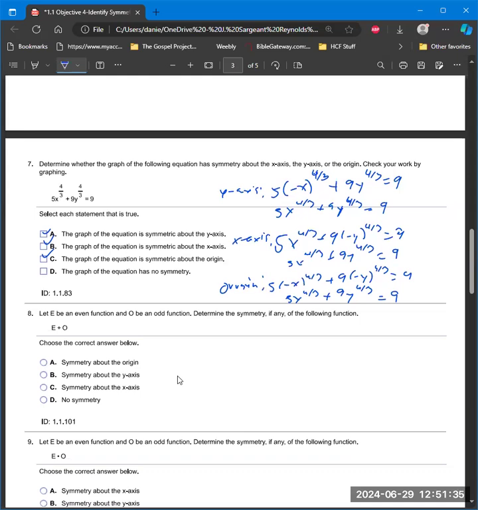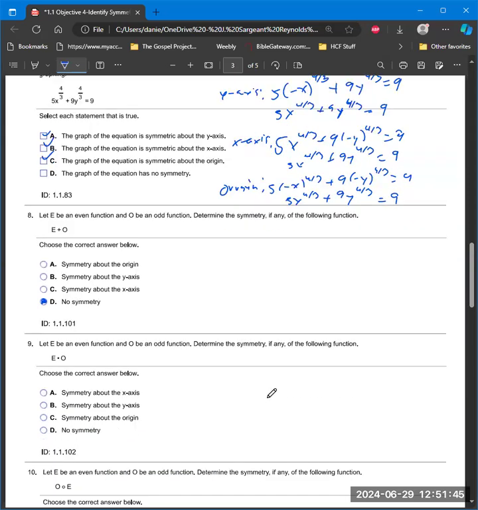An even function plus an odd function, there's going to be no symmetry to it. Some things will change sign and some things won't. An even times an odd is going to be odd and will be symmetric to the origin.